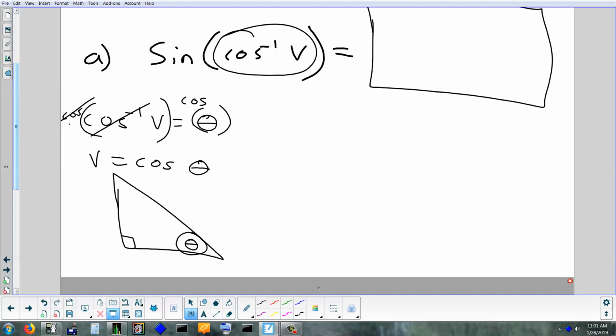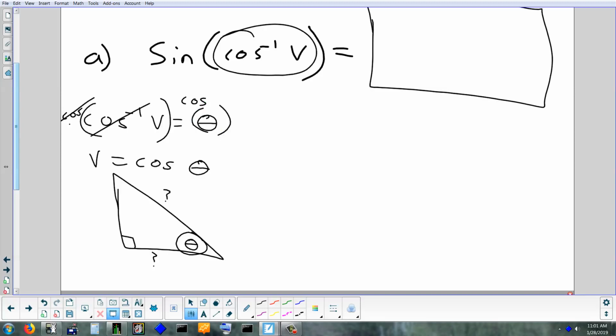What does cosine mean? How would you calculate the cosine of something in a right triangle? It would involve adjacent over hypotenuse. So you need to put something here and something there. So the answer is v. You can put anything you want, as long as it comes out to v. So anybody tell me the simplest way I could label the adjacent and the hypotenuse, so when I divide them, I get v? V and 1.